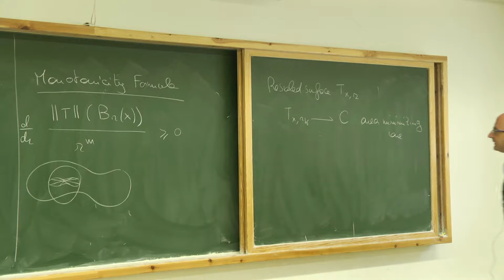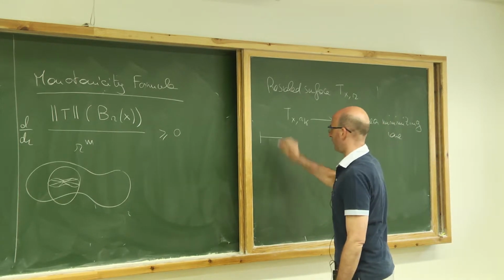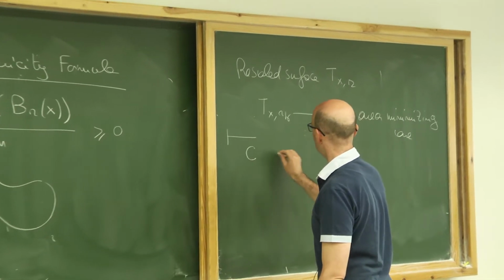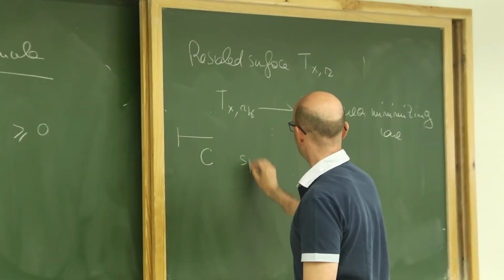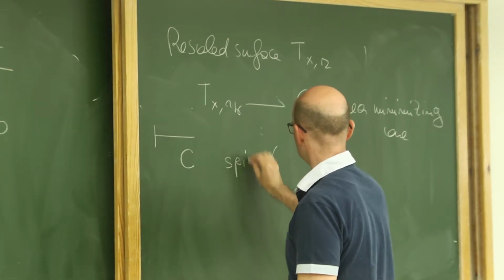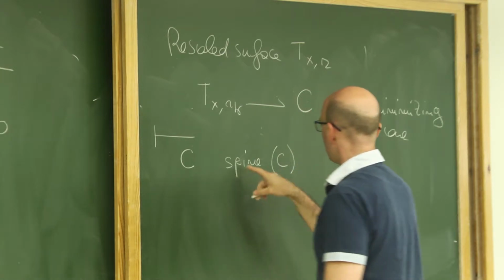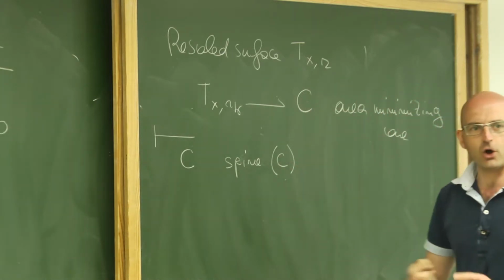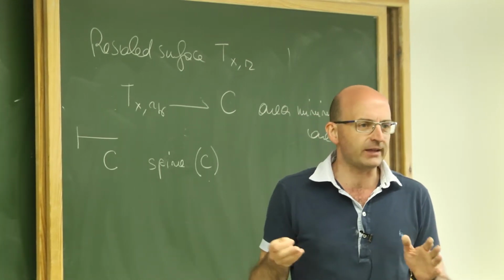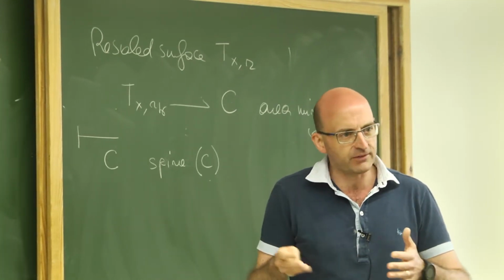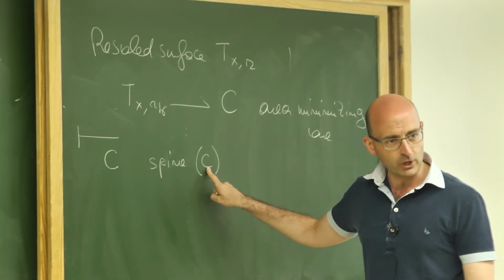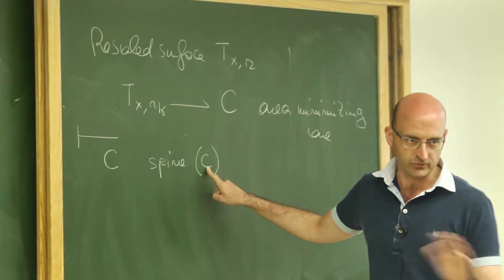Now, you could do the following. You could attach to the cone C a so-called spine. The spine of C is the number of invariant directions in the cone. So intuitively, the spine is the maximal vector space for which you can write your cone as a product of another cone times this vector space.